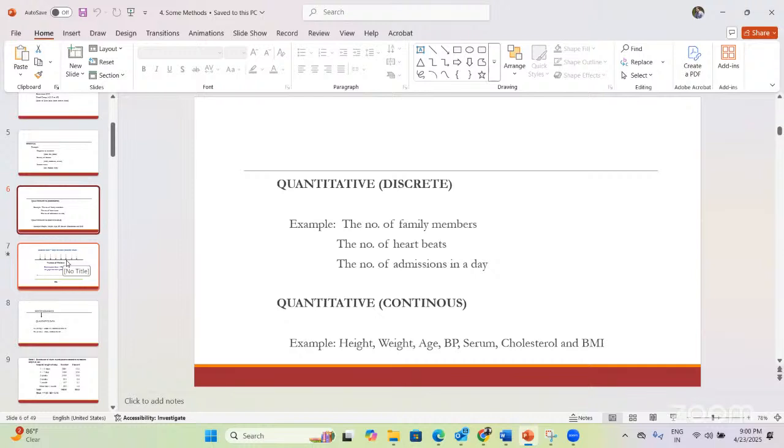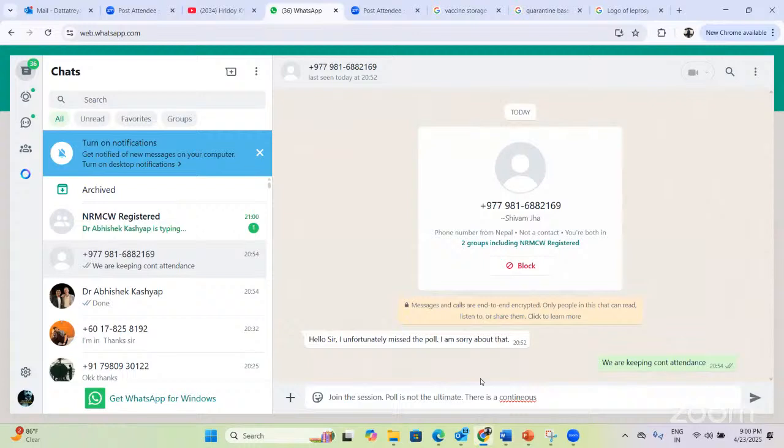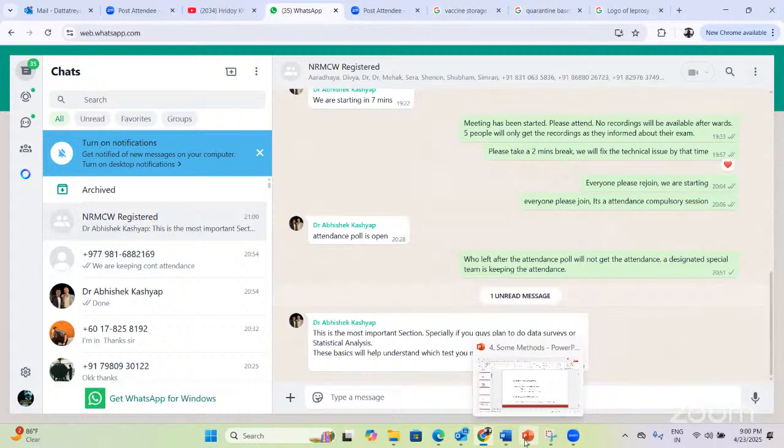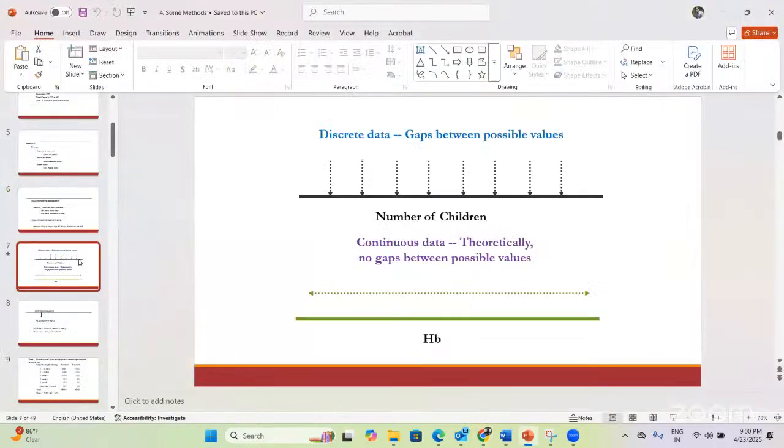We also have quantitative continuous data: age, serum cholesterol or BMI. Someone will say this value is 0 point something, another one will say this value is 0 point something. So this is the continuous scale.